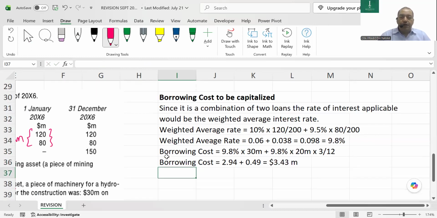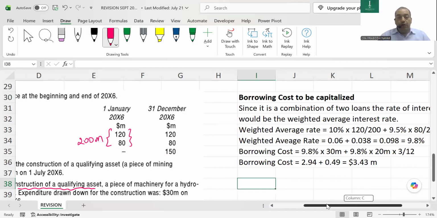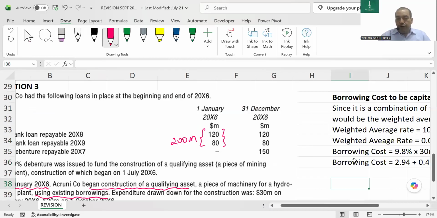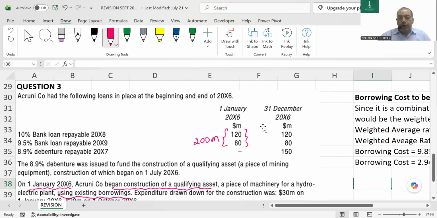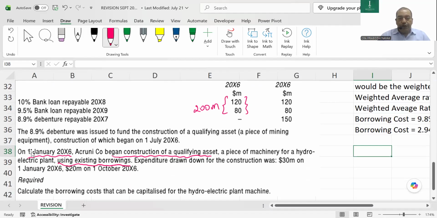Okay, just check. First, we calculate the weighted average rate. As I told you, the problem was looking very big, but the answer is so small. It was tricky also because they gave you 3 loans. You are not supposed to look at this figure. You are supposed to look at 1st January, because they had given that on 1st January the construction has started, and they had made use of existing borrowings.